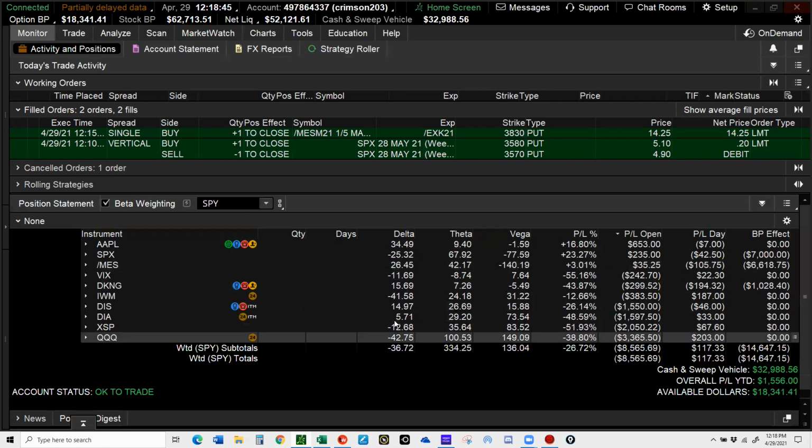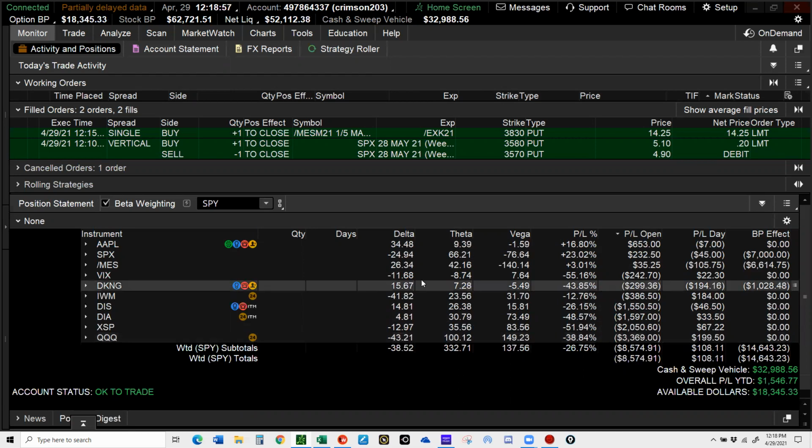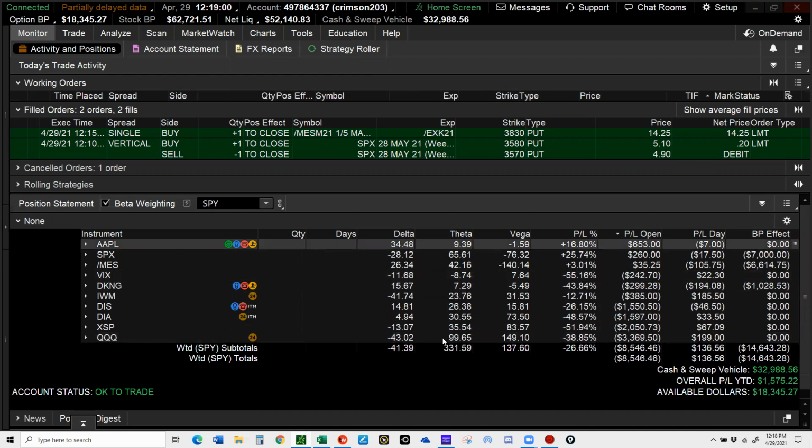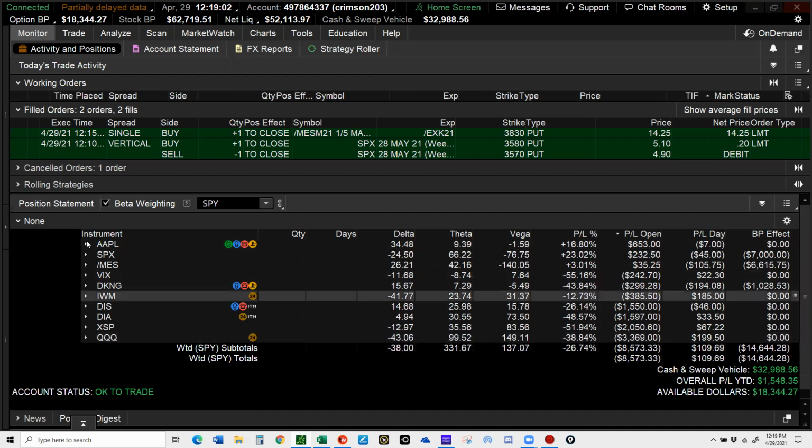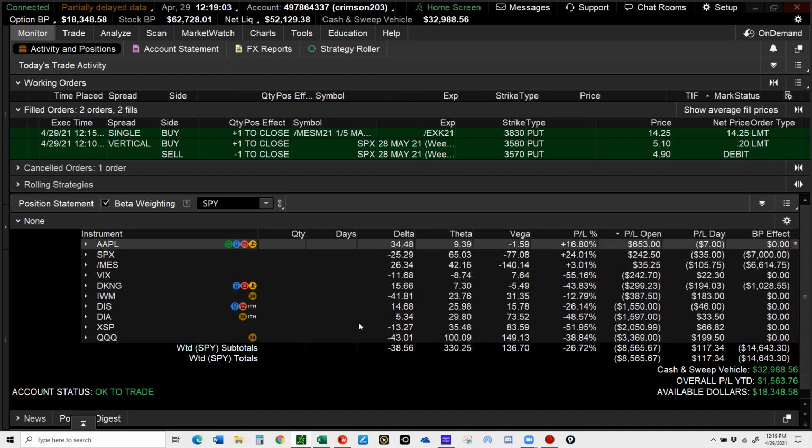That's where my money is made most of the time, is in selling puts, especially in an unstoppable bull market. Now we've got hedges in here that will help us if we need them. But until I'm ready to switch the switch and go bearish, we are bullish. So I don't care where the market goes.